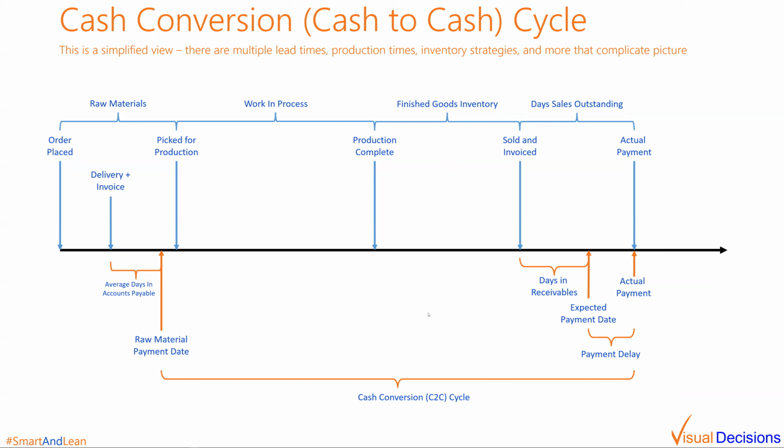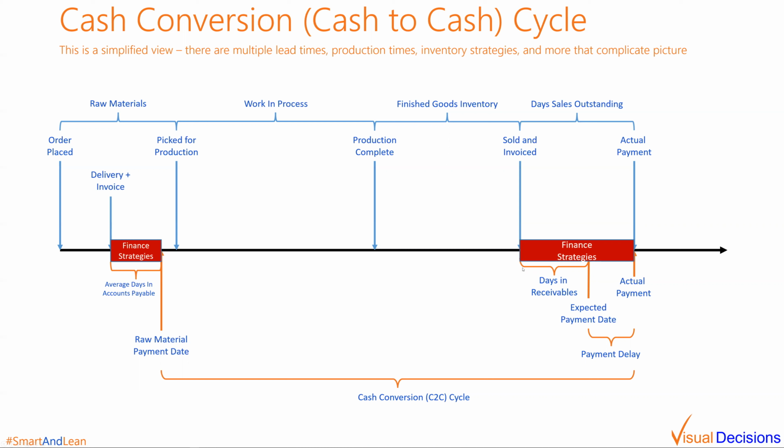And so if we look at how we can start to improve how much cash we have tied up in this, first of all, we can certainly look at financial strategies. What are our terms out to our suppliers for when we have to pay them? Obviously, the longer that we can take before we pay our suppliers, the shorter our cash conversion cycle will be.